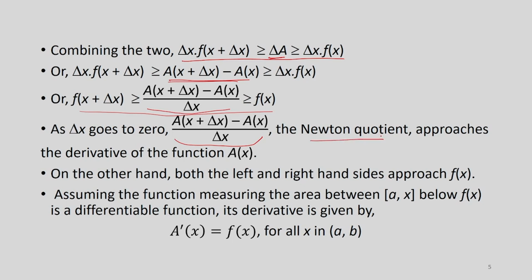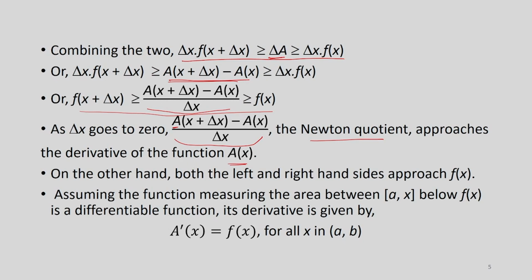And as delta x goes to 0, I know what happens to the Newton quotient. It becomes the derivative of this function. Which function? A of x. So, it becomes A prime of x. So, d dx of A(x), that is what the second term becomes. That happens to the middle term.